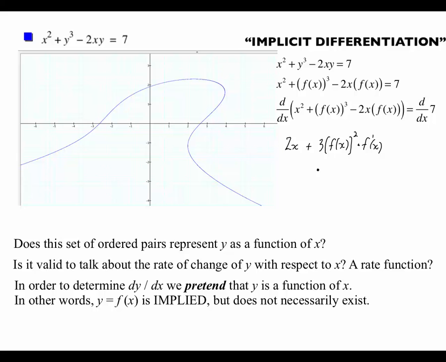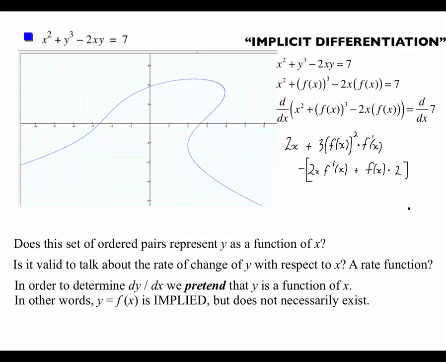So it's going to be minus the first times the derivative of the second, f prime, and we'll put this all in parentheses, plus the second times the derivative of the first, which is 2.